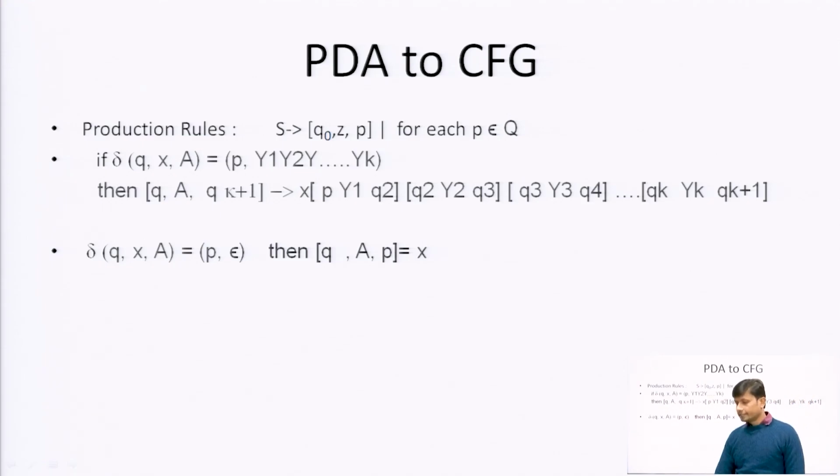The first one says S derives [Q0 Z p], for each p belonging to Q. What is the meaning of this? You know that S is the starting symbol of the grammar.